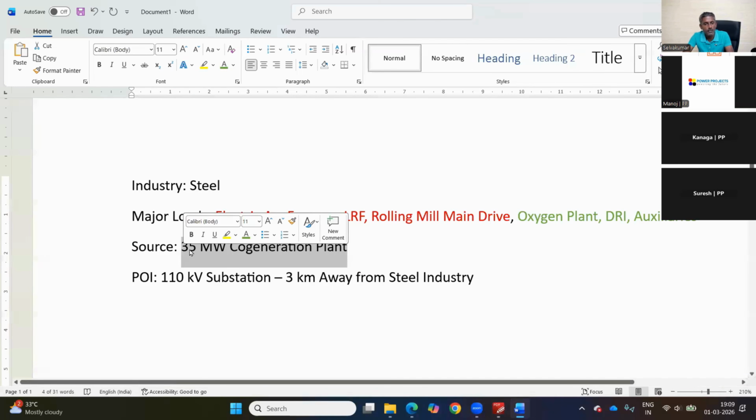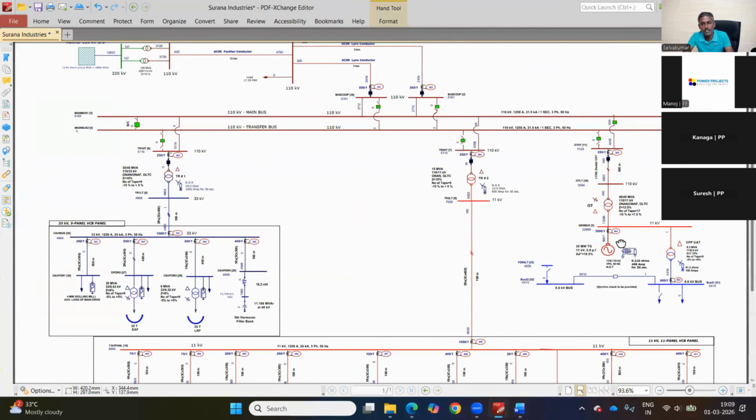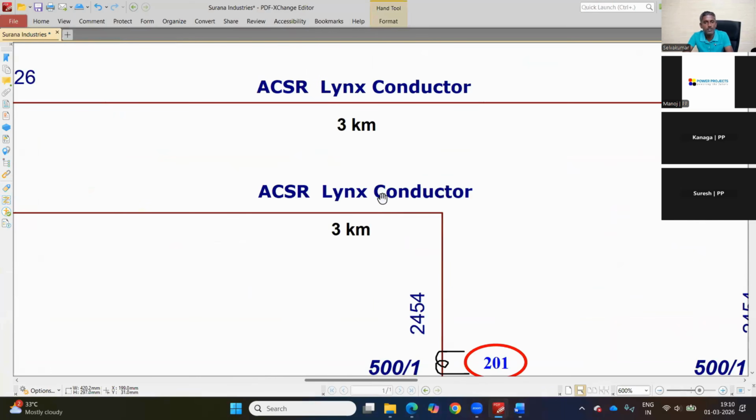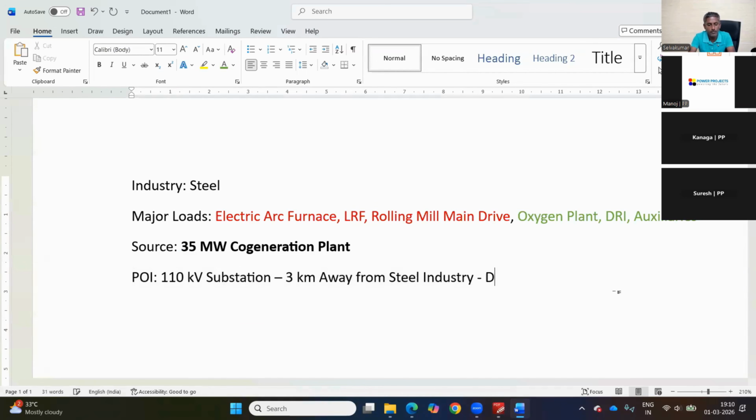There's a 35 megawatt cogeneration plant added as part of the steel industry. The point of interconnection is a 110 kV substation, which is 3 kilometers away. For reliability, they have added a double circuit transmission line. This is all about the system.